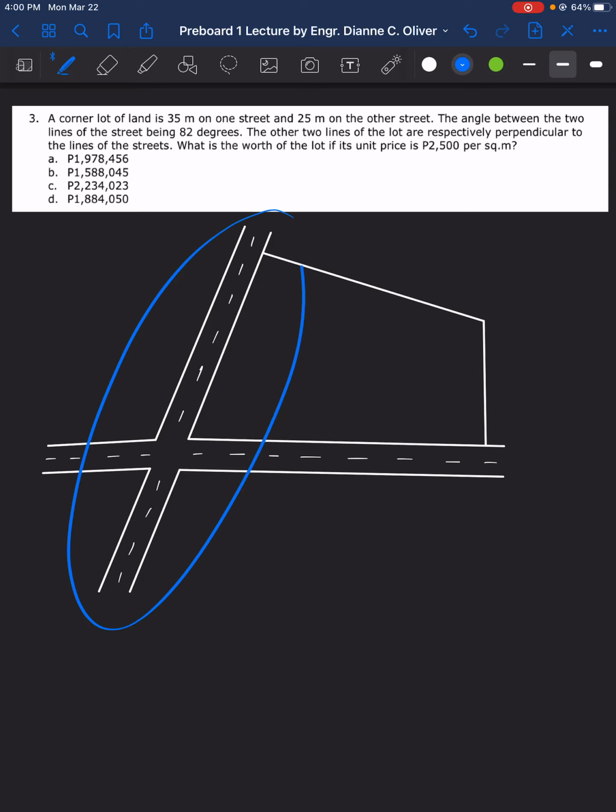As for the drawing, these are the streets. Then we have the corner lot here, which is 35 meters on one street and 25 meters on the other street. Obviously the shortest one will be the 25 meters, and we have here the 35 meters.